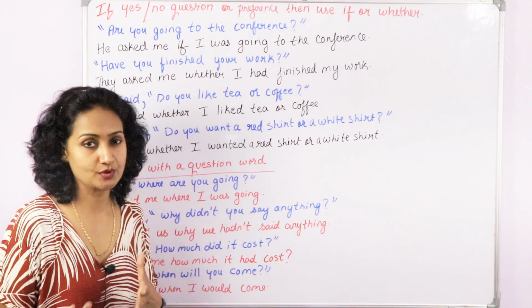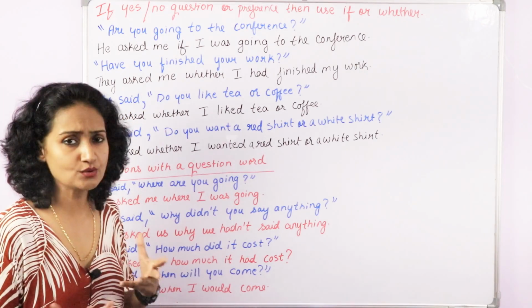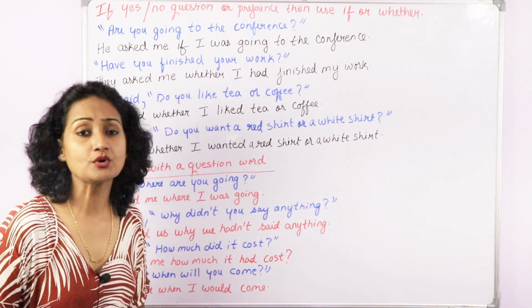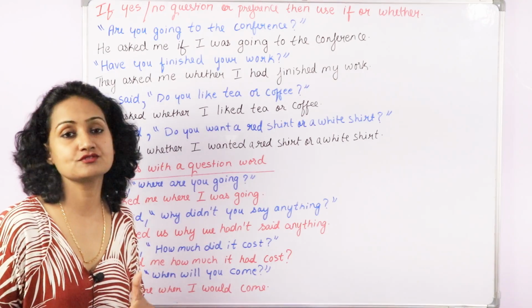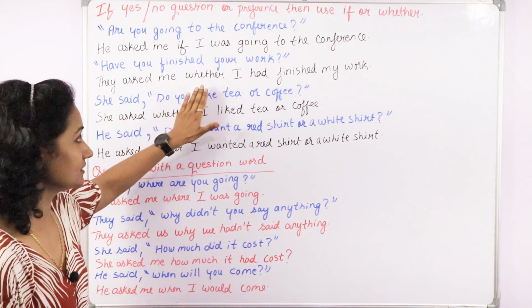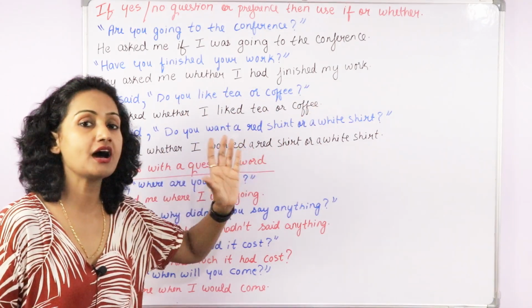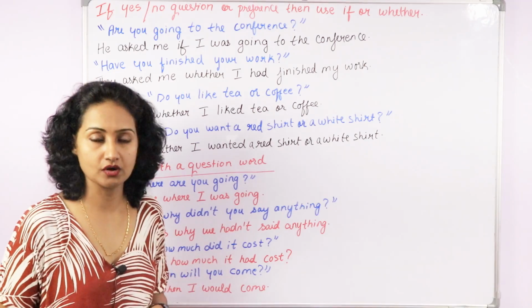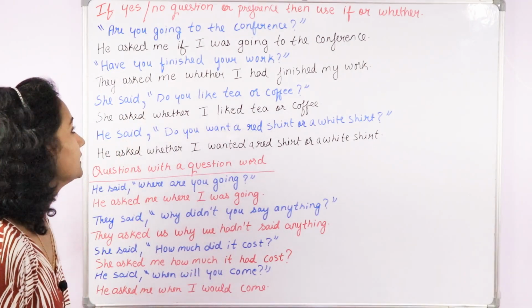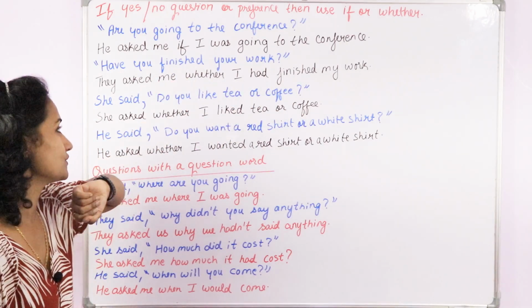So this is present perfect. They asked me, or he also, depending upon the person. If plural, then they. If singular, then he or she. They asked me whether I had finished my work, or if I had finished my work. They both are correct. So this is past perfect and this is present perfect.